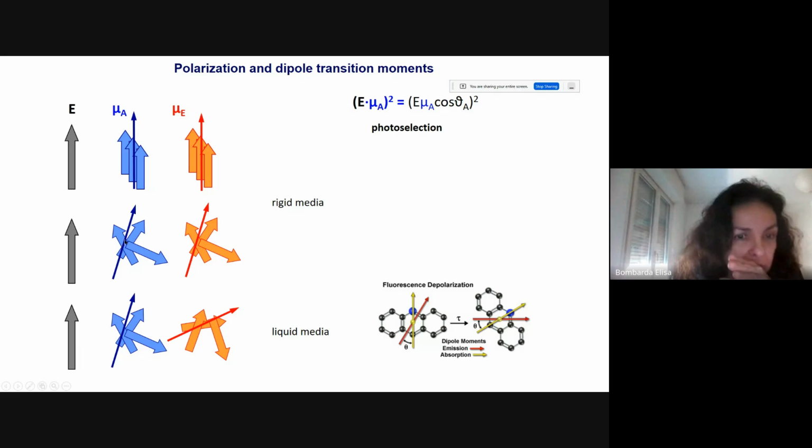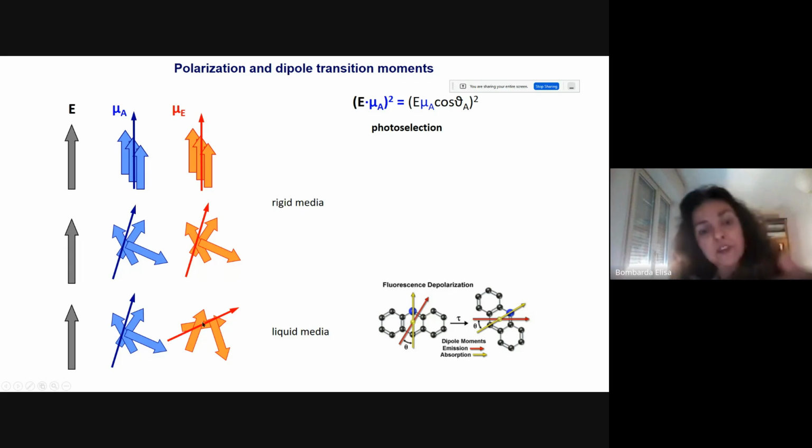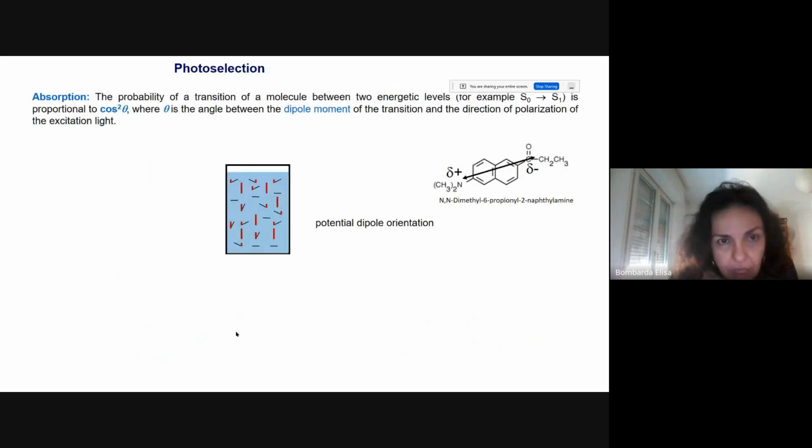Here already we depolarize the excitation light, because photoselection is already one first step of the depolarization. And then if in addition we add some rotational diffusion of the molecule, then we depolarize even more at the emission. And fluorescence anisotropy will help us to quantify this phenomenon.